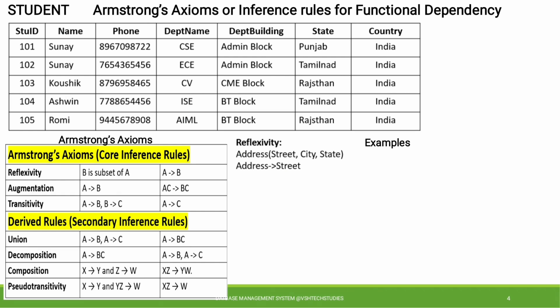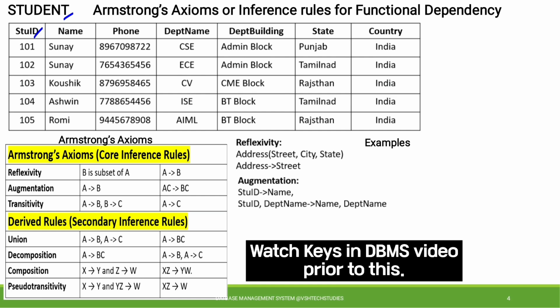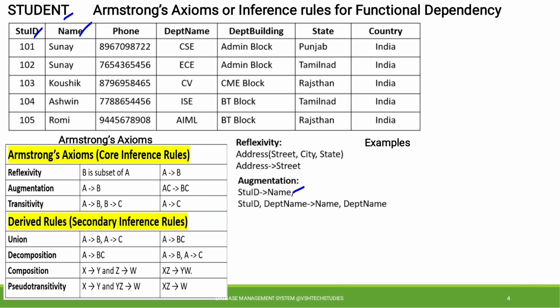Next we'll see the augmentation rule. In the student table, student ID is the key, it can determine name. So student ID determines name, that is what is shown here. If we add a common attribute, department name, on both sides, this functional dependency doesn't change: student ID is still able to determine the name of the student.